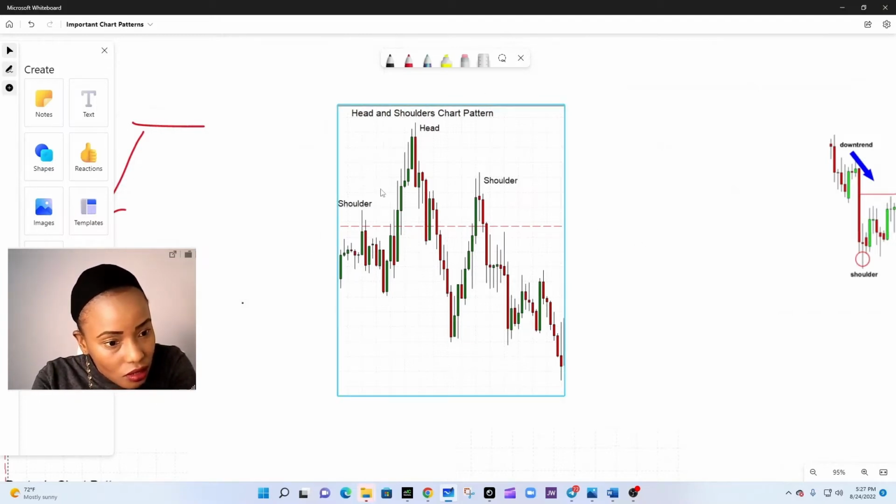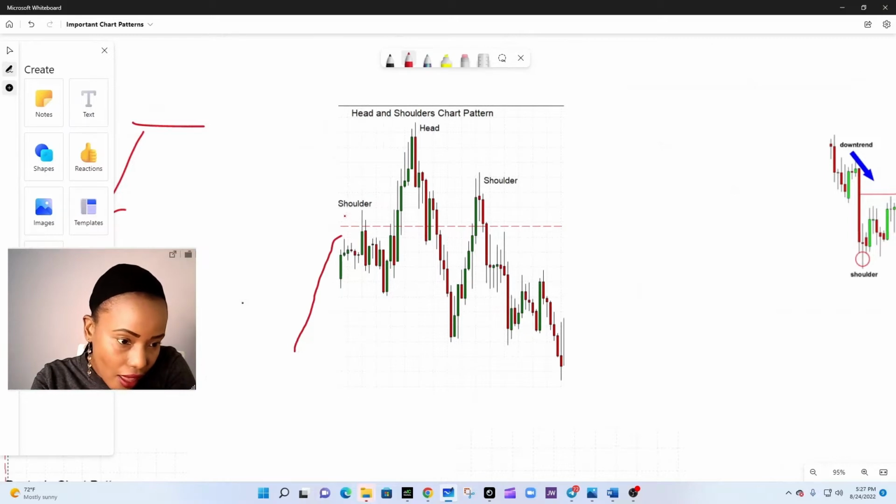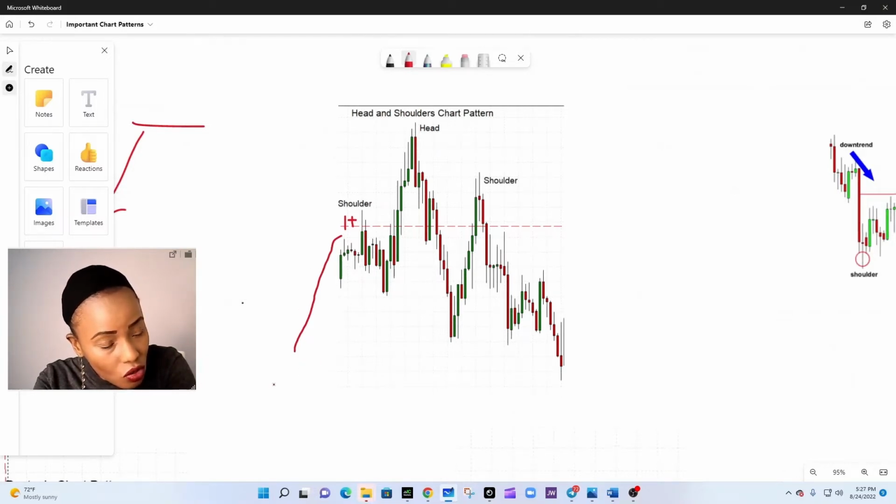If you look at this market structure, price was coming from the low and formed a higher high or a high wherever it was coming from. It was coming from the low. It was an uptrend market structure. It came here and formed a peak.